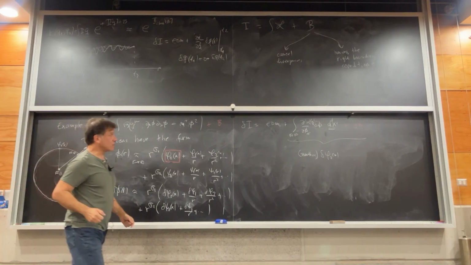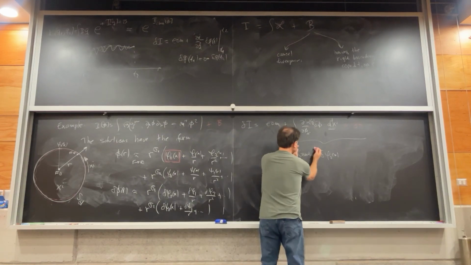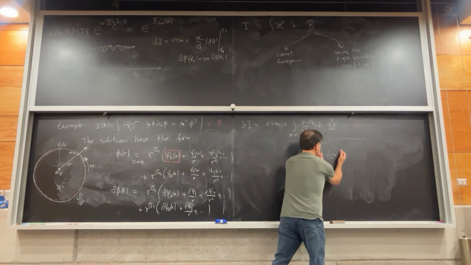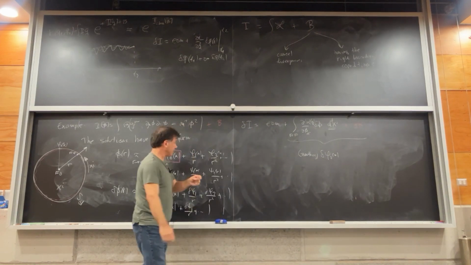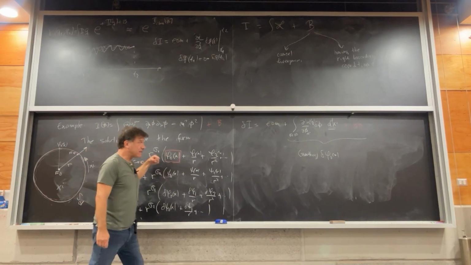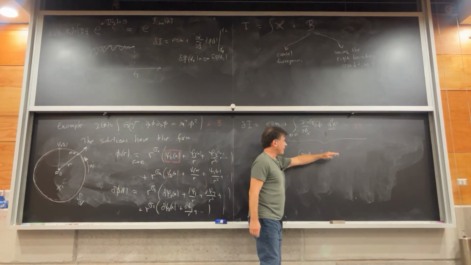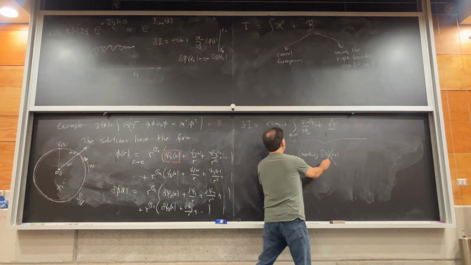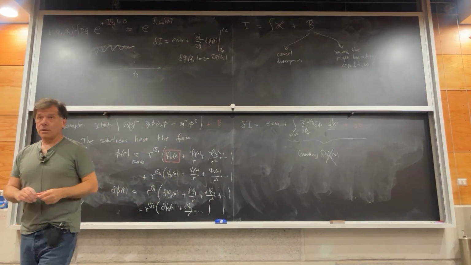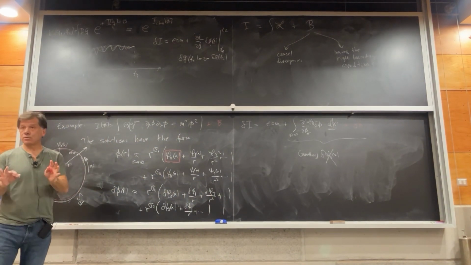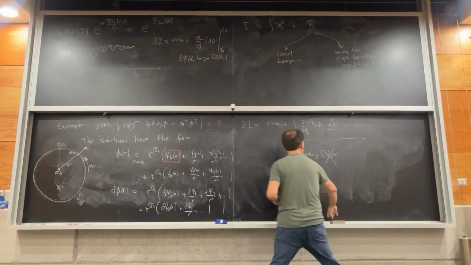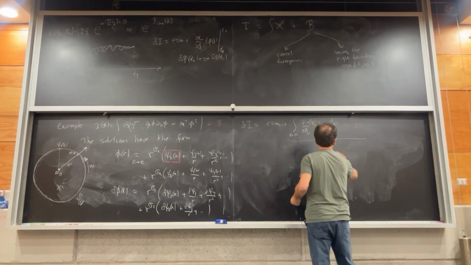So I want to make sure that the variation of the action gives me something which I need to compute, maybe who knows what, times the variation of that particular combination. Okay? If that is true, then if I fix this, then this is 0, and the action is stationary on the equation of motion. Okay? So we want to deal with these two things in one go. Is that clear what the program is?